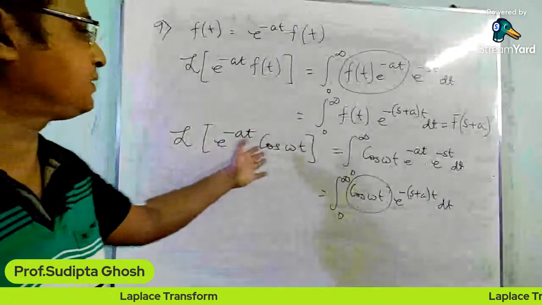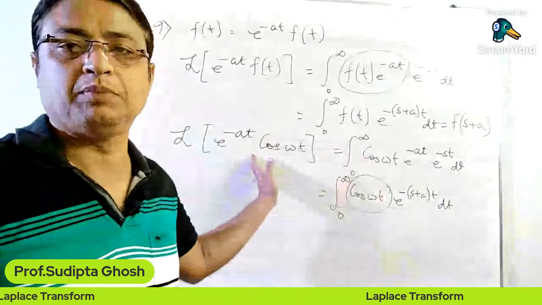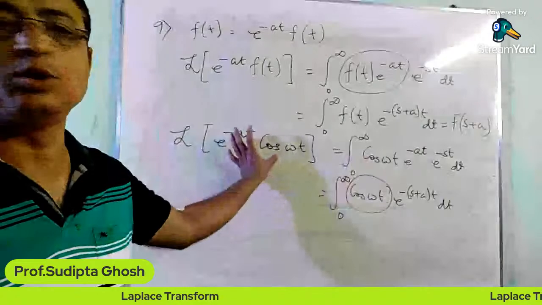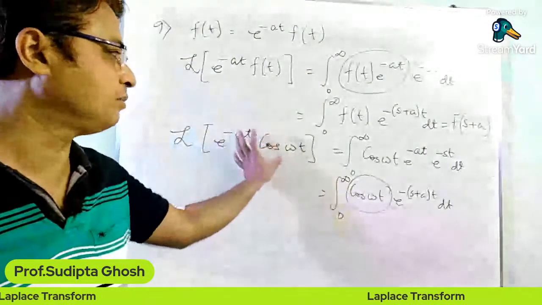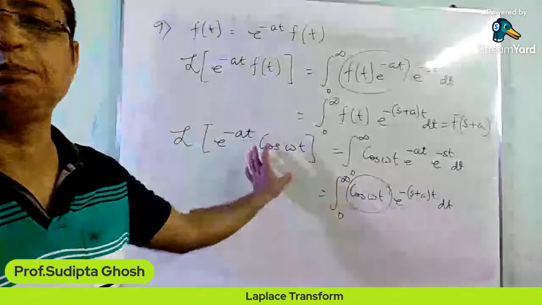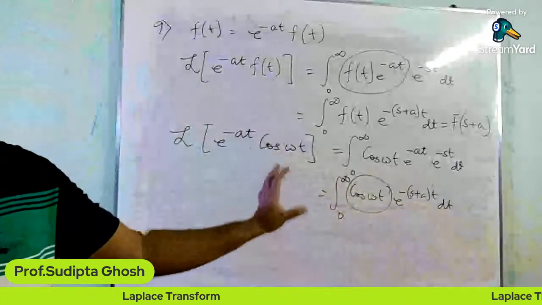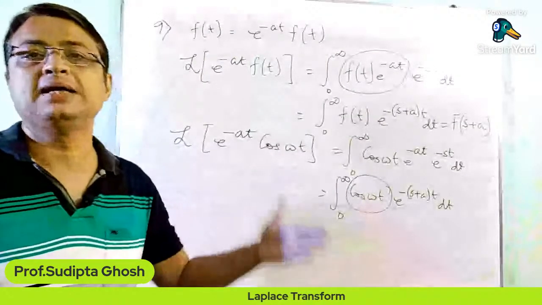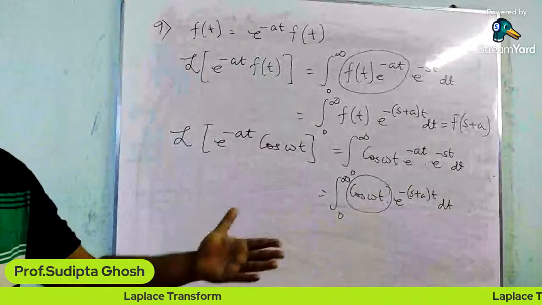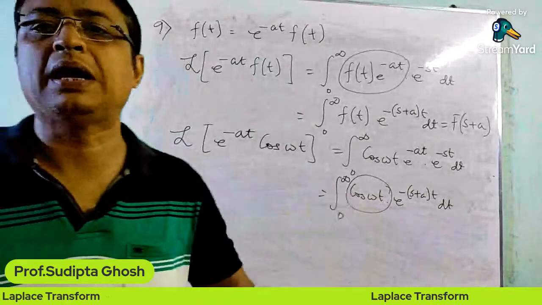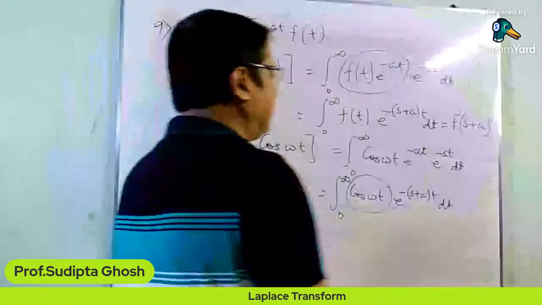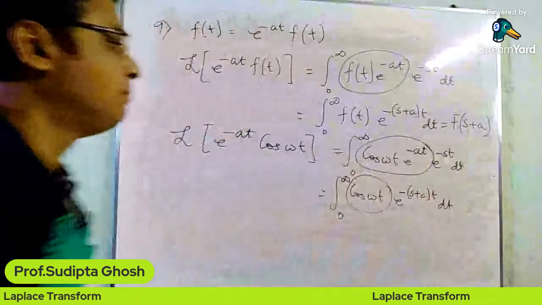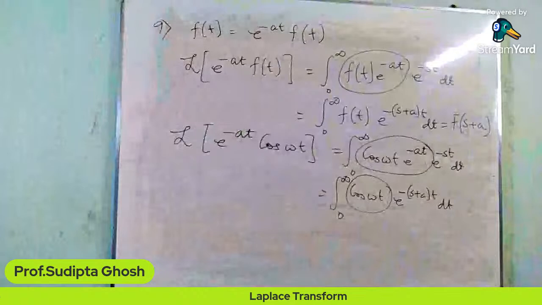It is nothing but the expanded value. This is the time domain function, and to make the Laplace transformation, every time we have to use the formula: integral from 0 to infinity of f of t e to the power minus st dt. That is the value I have written here. This is the f of t value, and then e to the power minus st dt.